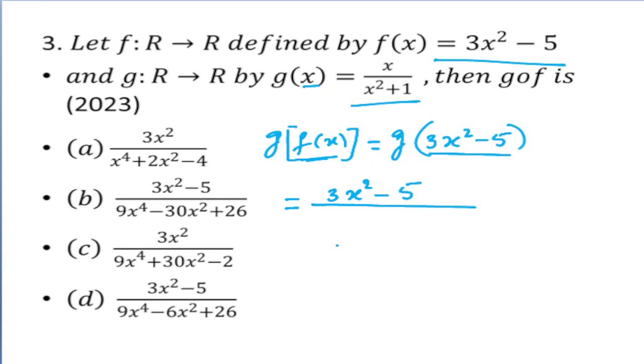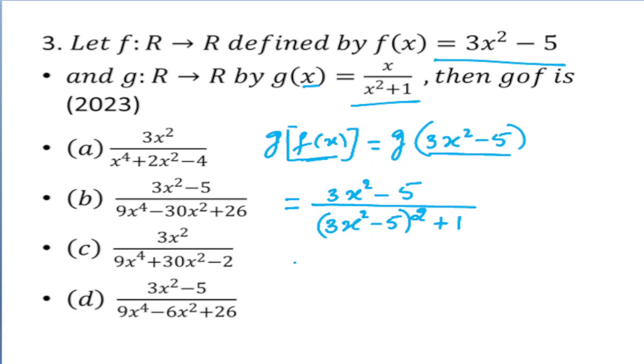In the denominator, we have x square. In place of x, be very careful here. We have to take 3x square minus 5 in place of x. And whatever the power we have for x, that we have to put here. Square plus 1. Now this option does not exist.